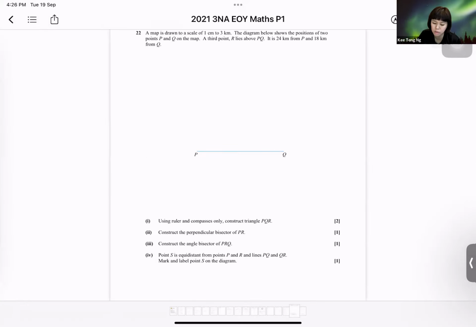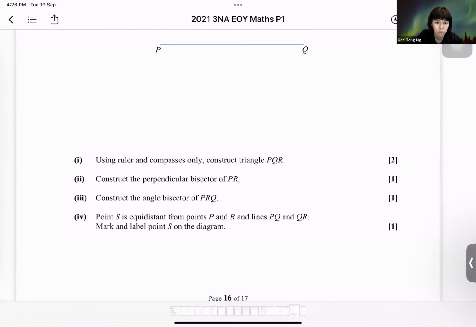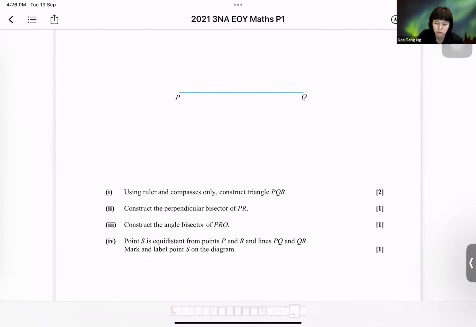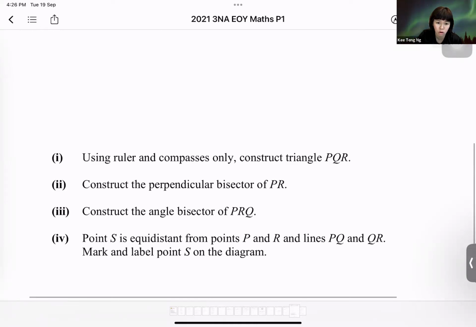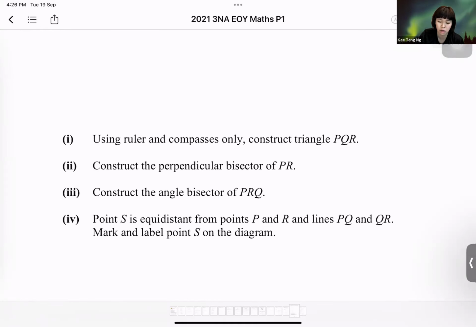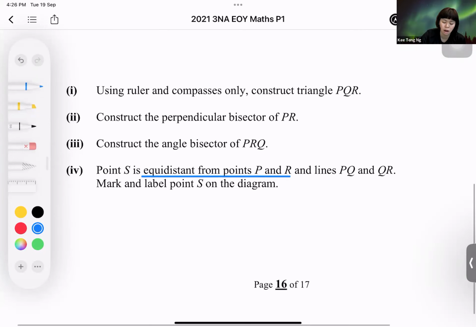Okay, one on construction. I think you really need to look at our notes on construction. When we are talking about perpendicular bisector, please revise how to draw. Angle bisector, please revise how to draw. But then we need to take a look. This one, equidistant from points P and R. What do you mean by equidistant from P and R?